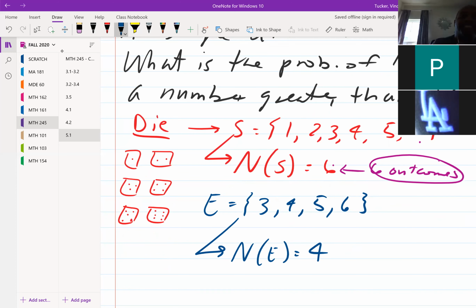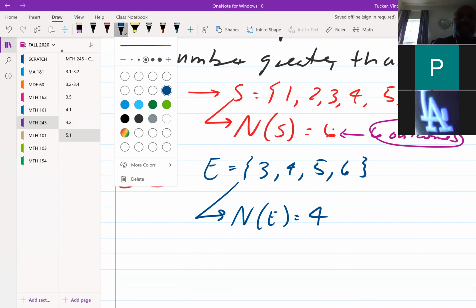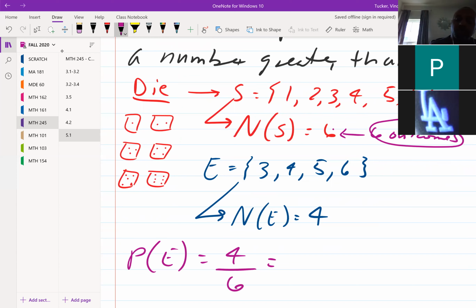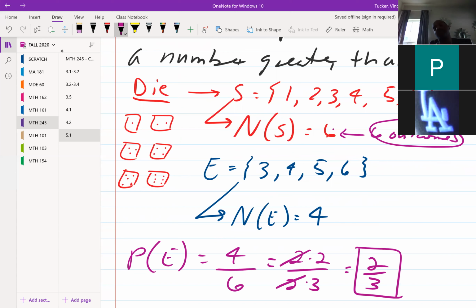You got it. So the probability of my event occurring, like she mentioned, is 4 over 6. Then you reduce it: 2/3, a 2 out of 3 chance of getting a number greater than 2.